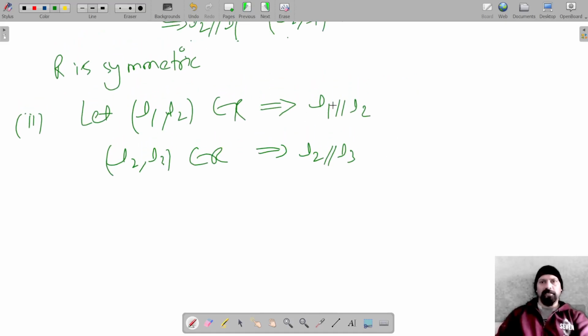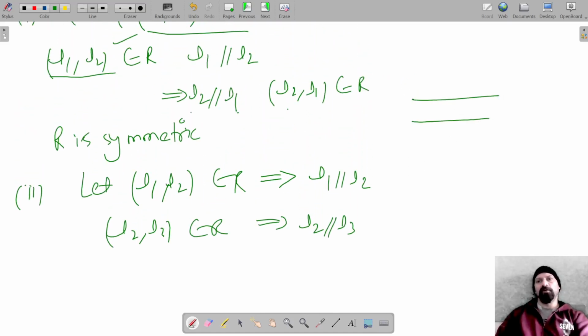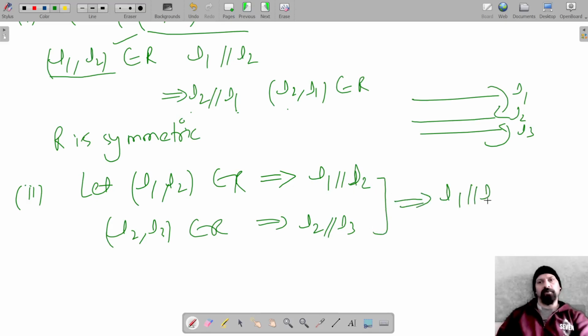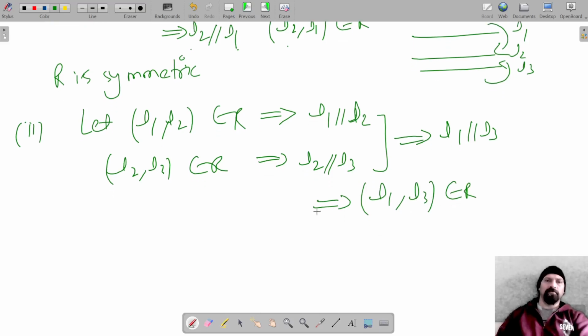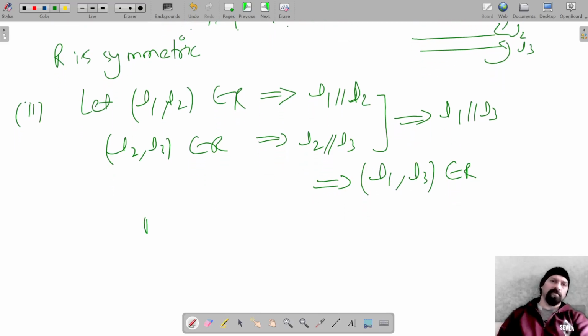Now, there are three lines, L1, L2, and L3. L1 is parallel to L2, L2 is parallel to L3. Two lines parallel to the same line are parallel to each other, so this implies that L1 is parallel to L3. So L1 and L3 are in relation, which means the relation is transitive.